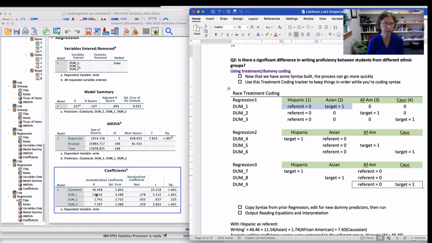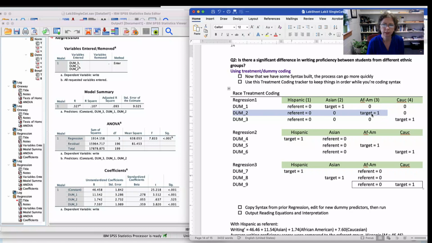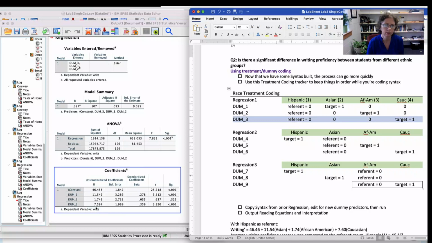So the difference in writing proficiency scores on average between Asian and Hispanic is 11.542. For DUM2, it's between African American and Hispanic, right there, 1.74. And then for DUM3, it's between Caucasian and Hispanic, 7.597. And that's the information we need to write the regression equation.